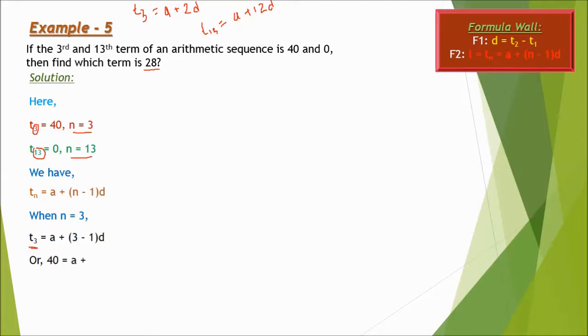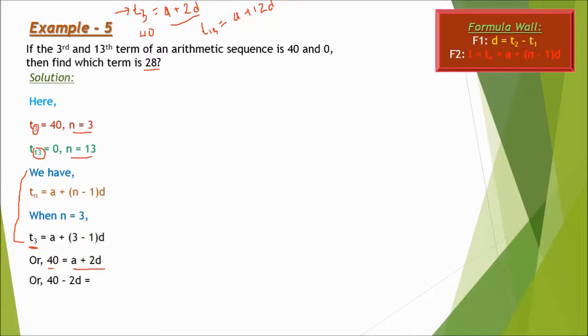The third term is 40. We don't have the value of a and d. So you can see a plus 2d, that's the third term, isn't it? Now you can omit all these steps and directly write T3. We know T3 is equal to a plus 2d, and you can replace the value of T3 as 40. 40 is equal to a plus 2d, and you can write this as equation 1.